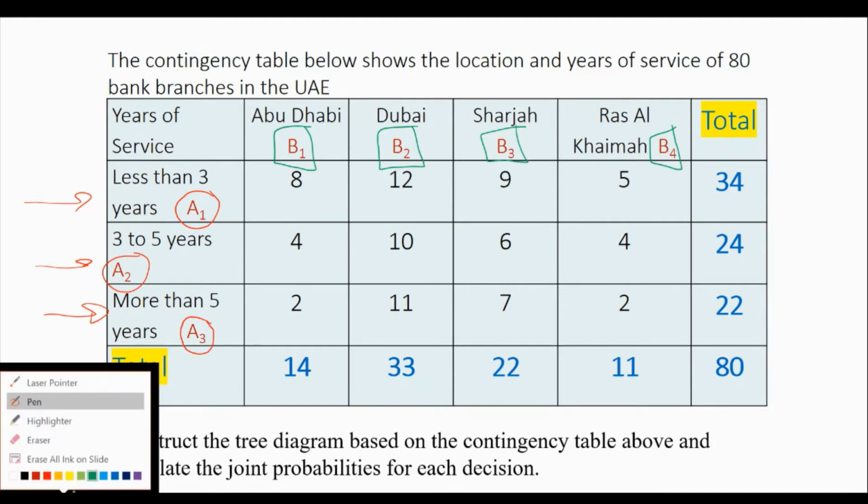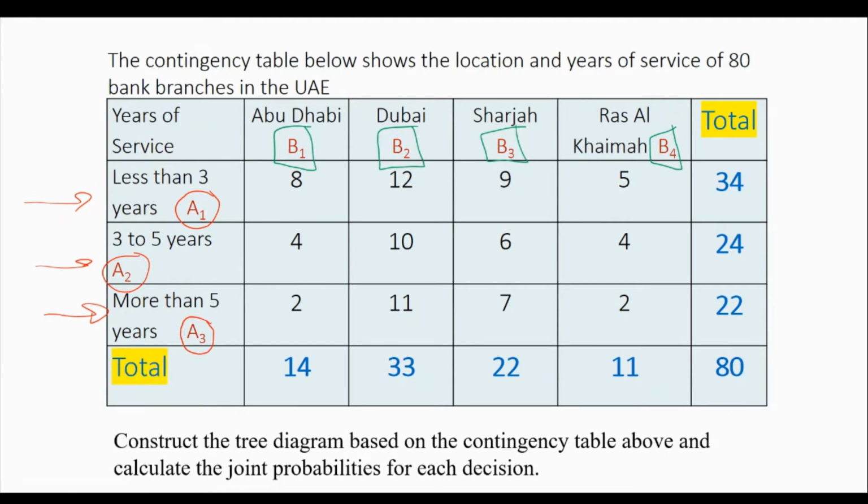Now, for a tree diagram, we can make a tree diagram either starting with the years of service, which is 3 different possibilities, or by the location, which we have 4 different possibilities here. Typically, it's easier if you start a tree diagram with the least number of possibilities.